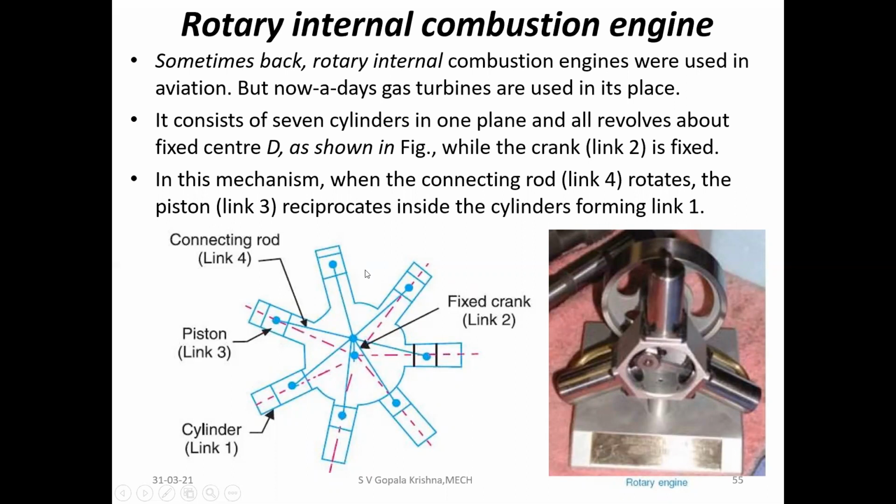So how many cylinders are there in this radial engine? It is a 7-cylinder radial engine. Coming to the arrangement of our radial engine, the same cylinder and piston arrangement is there, and the connecting rods. Just all of you observe.